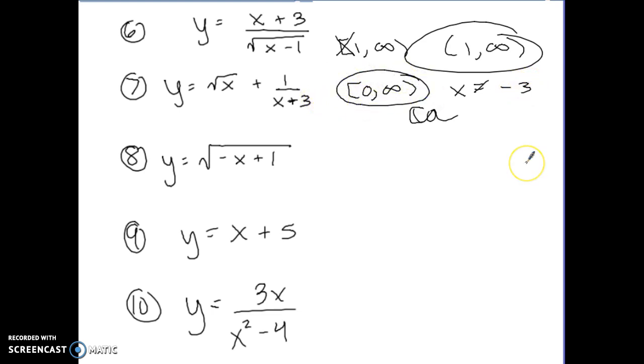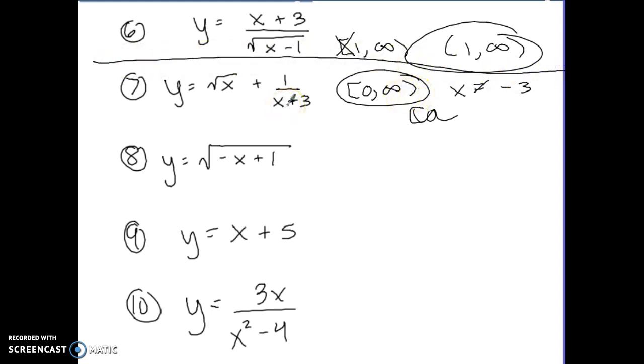That just takes over from 0 to infinity, because negative 3 isn't actually in that, so you don't have to exclude it. Is negative 3 in between 0 and infinity? No. So we don't have to worry about it. This is the answer.